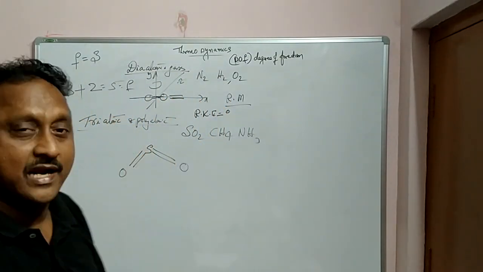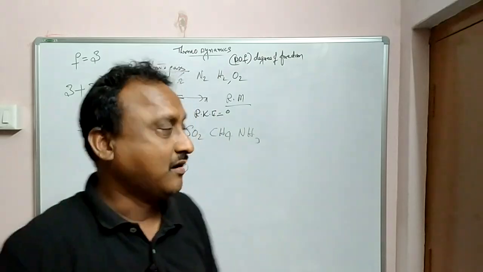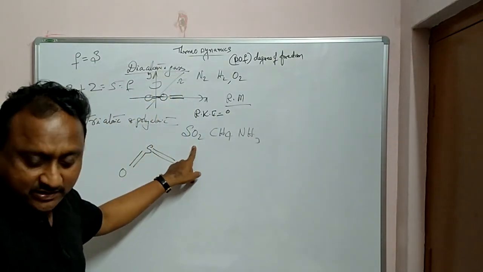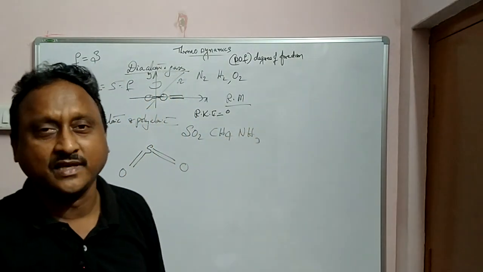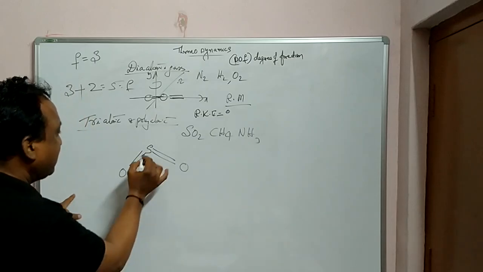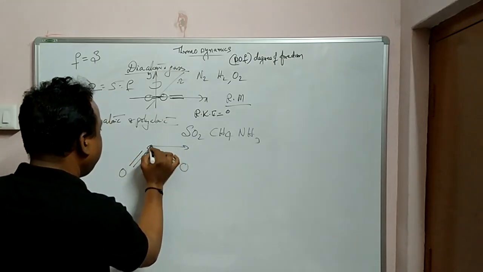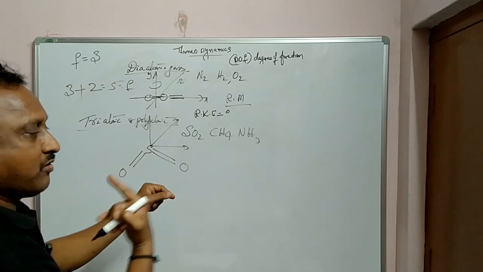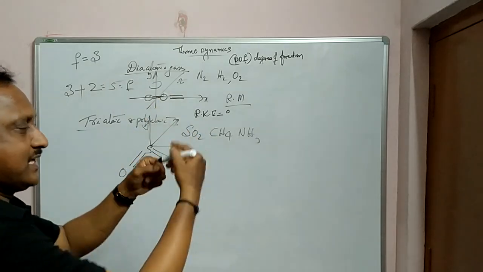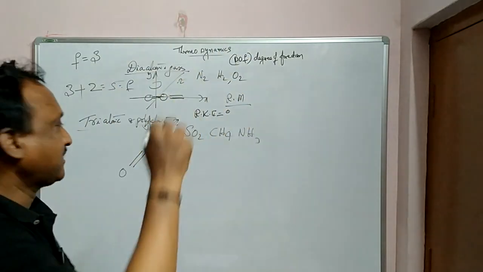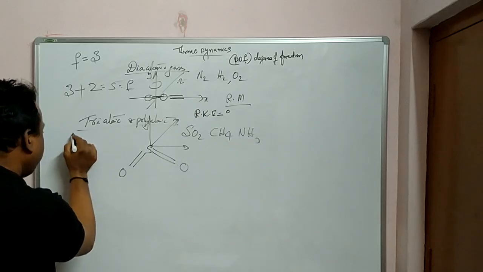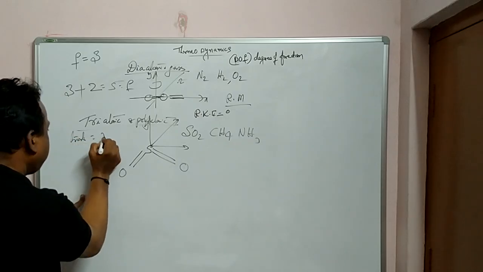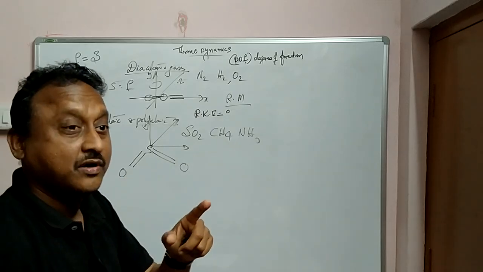Now if you observe the triatomic gas or polyatomic gas like sulfur dioxide, CH4 or NH3 gas, here you can observe x direction, y direction, z direction. So it can rotate like this, go like this, or also rotate like this. So 3 directions of translation, 3, and also rotation.